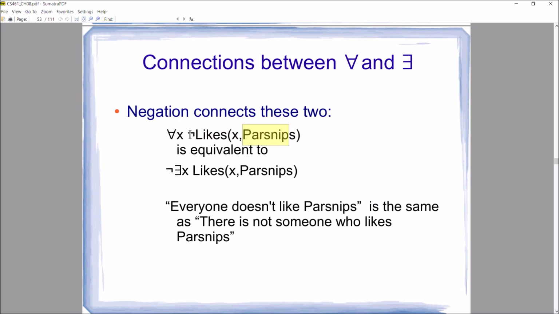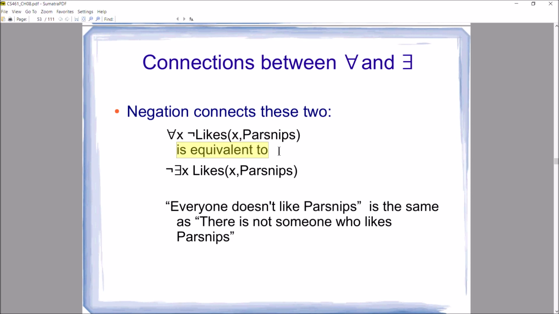But then if we negate it, we say x doesn't like parsnips. Then if we say for all x, we're saying any possible x, anybody you can plug in here, doesn't like parsnips. So this is saying nobody likes parsnips. All people don't like parsnips.